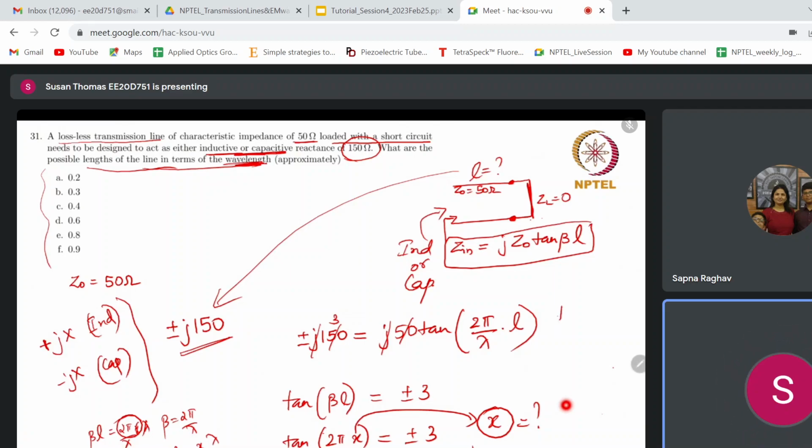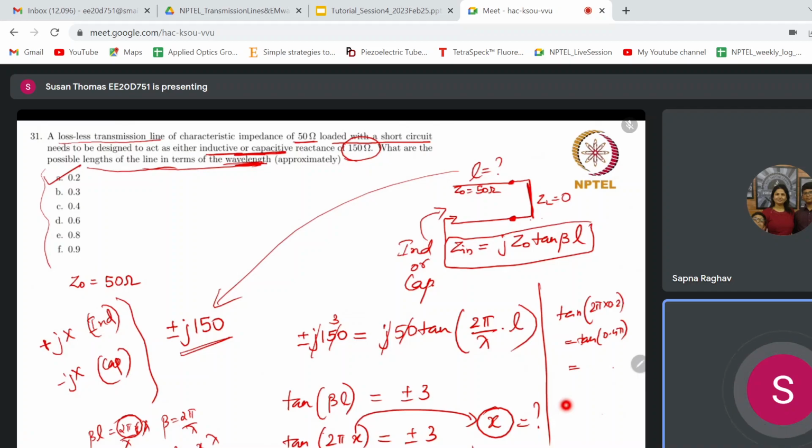Let's take 0.2. First option, tan of 2 pi into 0.2. What will that be? Tan of 0.4 pi. What is tan of 0.4 pi? Basically it is tan 72 degrees, which is approximately 3. So yes, the first option is a right option.